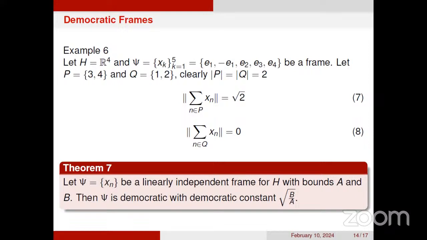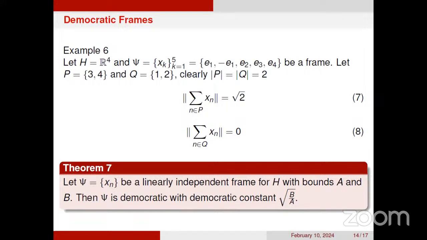So here we take the Hilbert space R^4 and the frame set x_k's, where x_1 equals e_1, x_2 equals minus e_1, x_3 equals e_2, x_4 equals e_3, and x_5 equals e_4. There is a result that in a finite-dimensional Hilbert space, a set is a frame if and only if it spans the whole space. So clearly the x_k's constitute a frame for R^4.